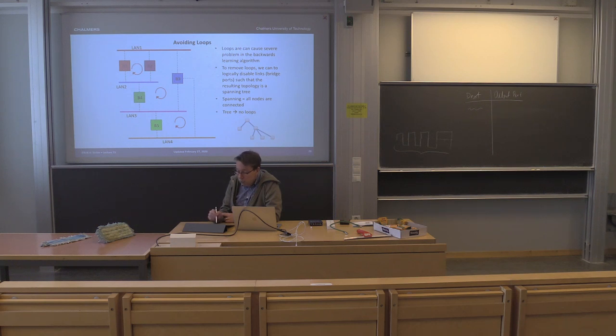And we also have a loop which goes from LAN 3 up here, down here, and so forth, like this loop. And there are, of course, many other loops here. Okay, now LAN 1 and LAN 2 here are connected with two bridges. Why would we ever want to have it like this?